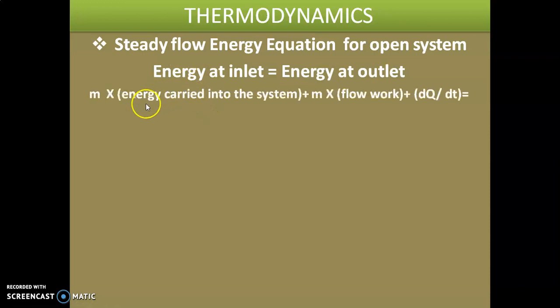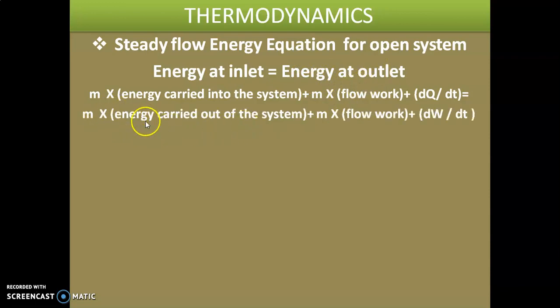Energy at inlet is equal to m into energy carried into the system, plus m into flow work, plus dQ by dt. And the energy at outlet is m into energy carried out of the system, plus m into flow work, plus dW by dt.